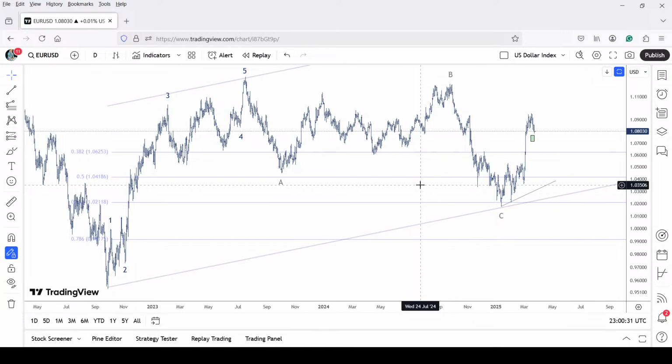And what we are now preparing for, it's already started. 13th of Jan 2025. To just go back a couple of years, one larger degree impulse wave has been labeled 1, 2, 3, 4, 5 here, followed by a corrective decline A, B, C, where wave B was a complex WXY correction, and so making it a flat, it's a 3, 3, 5.